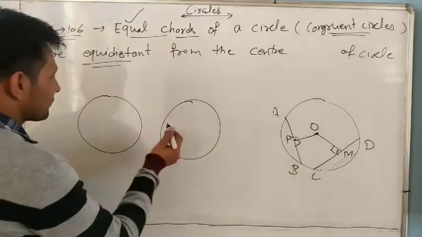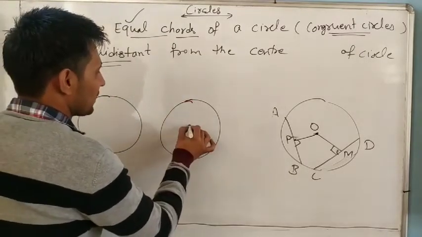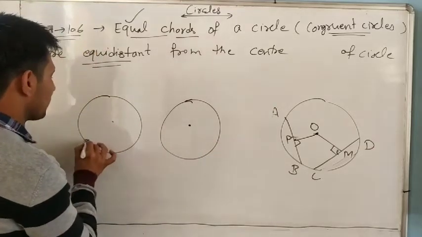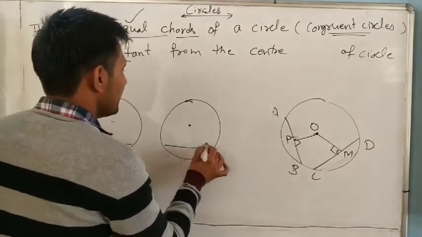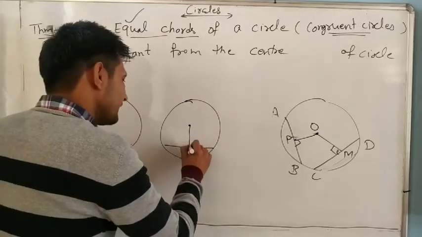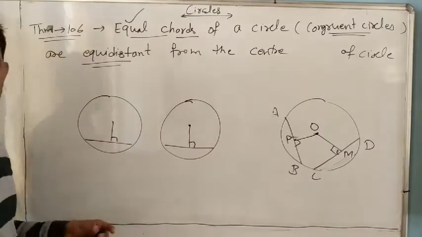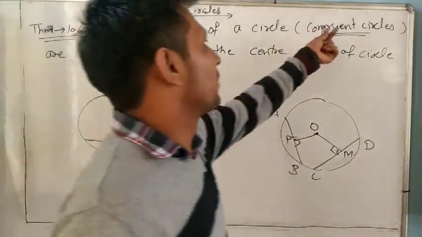So its radius is equal in both circles, and we know equal chords, this one equal to this one. It means if the radii of these two circles are equal, the distance between a center and a line is also equal. Okay, you can note it down also.